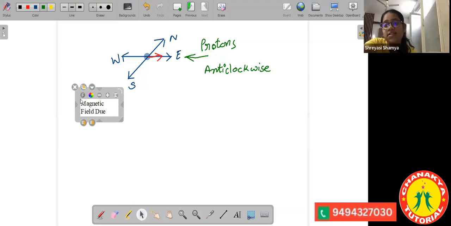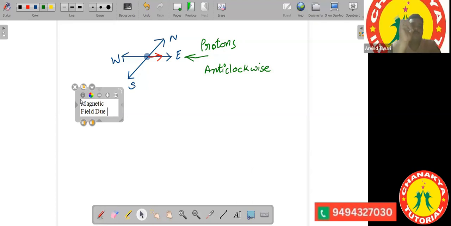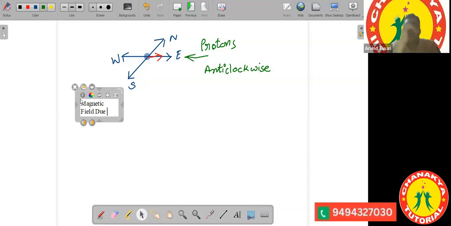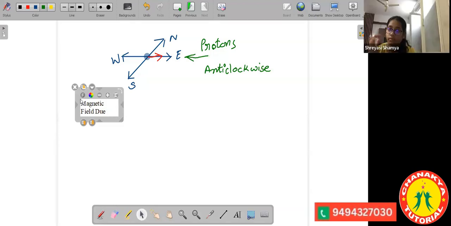So your thumb should point toward you, and your fingers are curling. In which direction do you see the curl of fingers, clockwise or anti-clockwise? Anti-clockwise, sir. I was using left hand, sir, the whole time.